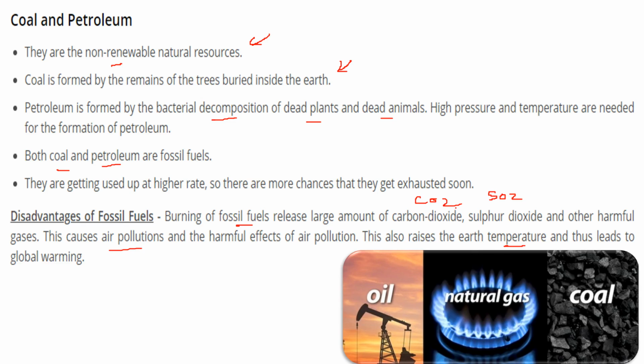They keep the heat in and do not allow heat to go out, and more heat means more global warming. Because of the increase in temperature, the glaciers will melt, the water level will increase, and low-lying areas will get submerged in seawater.